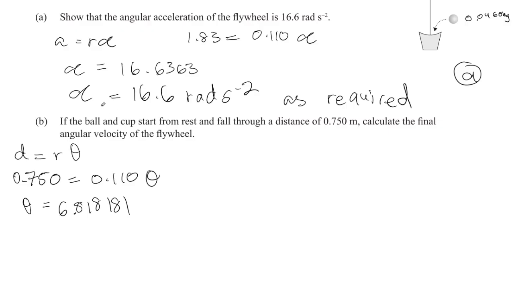When things start from rest, that means that the linear velocity, the angular velocity, the linear displacement, and the angular displacement all equal 0 initially. This means that the initial angular velocity equals 0.